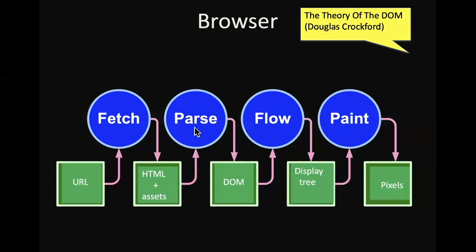So it analyzes it, and it constructs a JavaScript object representation of the HTML. And the JavaScript object representation is called the DOM, or Document Object Model. And it is essentially a hierarchical network of JavaScript objects, or a nested tree of JavaScript objects.